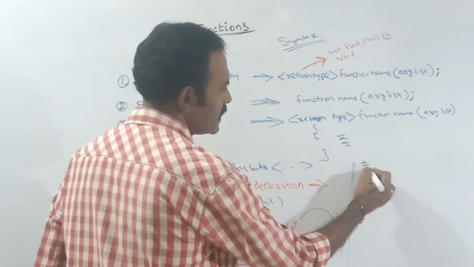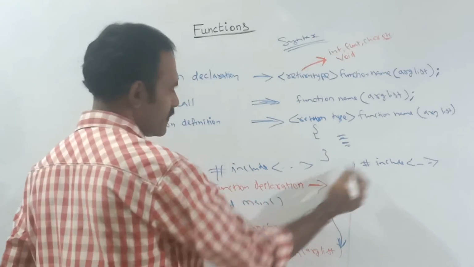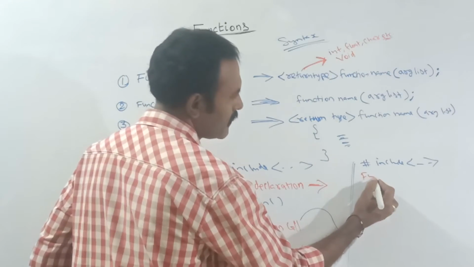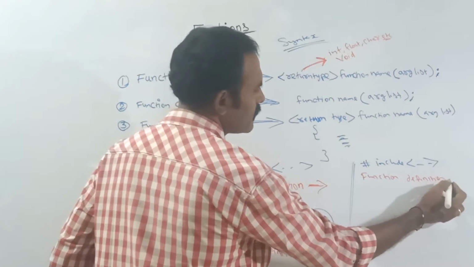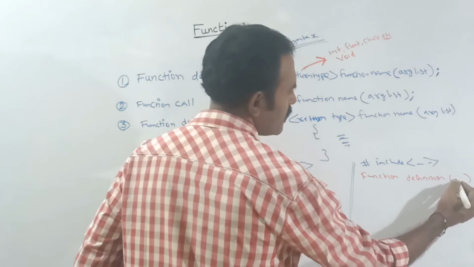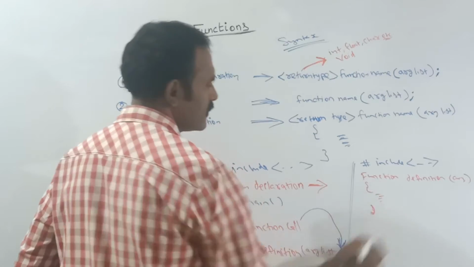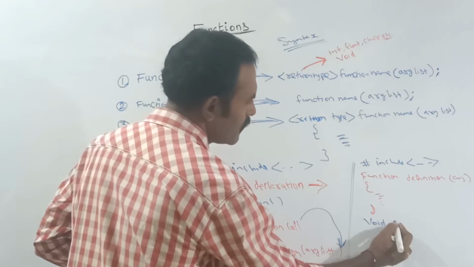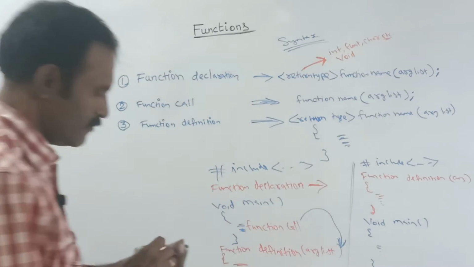After including the header file, we directly define the function with its argument list and the set of instructions. Then void main, with its set of instructions, and I close the main part.